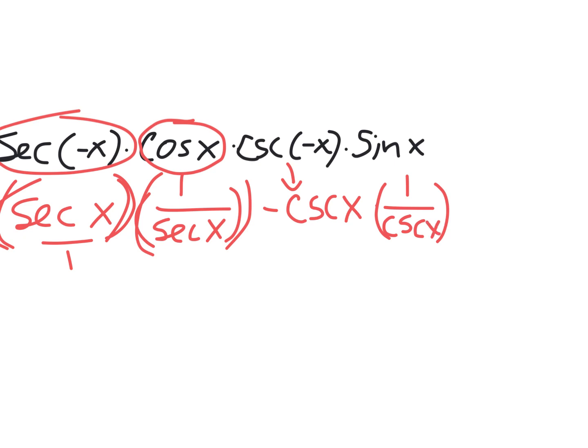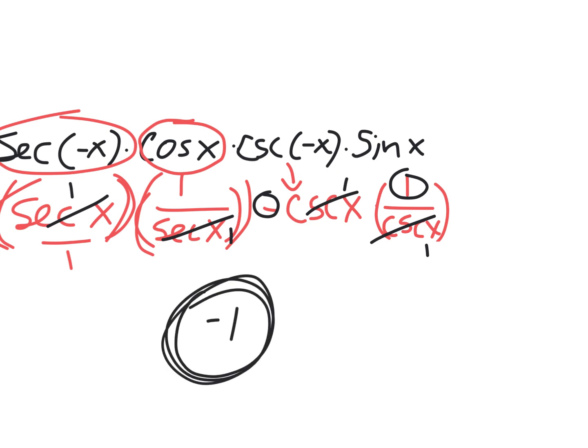And then those are going to cancel, but they leave behind something important. What's still there after I cancel everything? A negative. That cancels that, but that negative is still with that 1 that's on the top, and there's a 1 on the bottom, of course. Every time you cancel something, you leave behind a 1. I hope you know that. So then this is just a -1. Final answer. Who had a -1 before I said it?